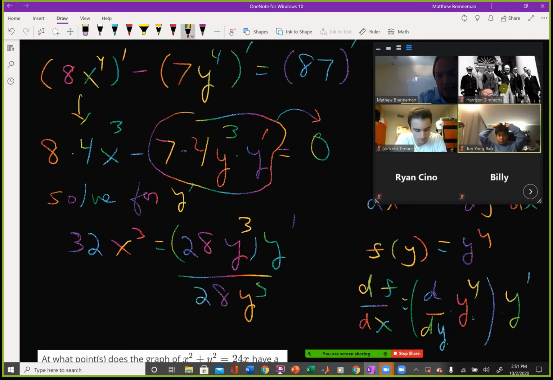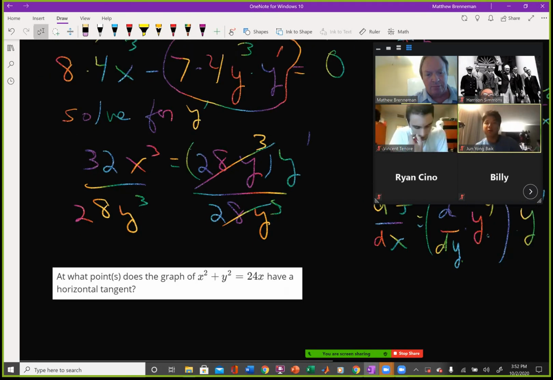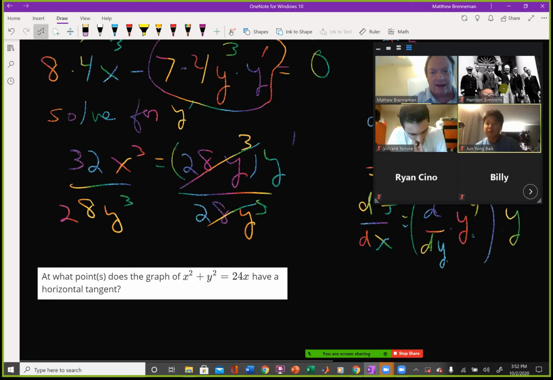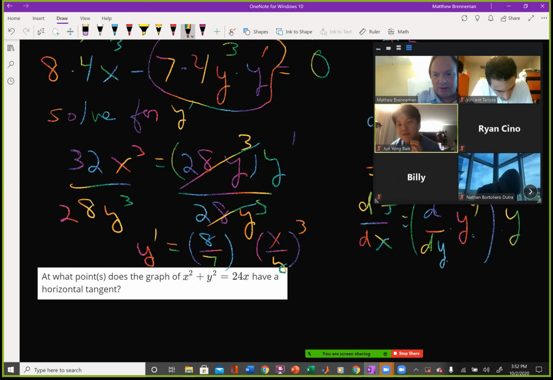It'll cancel on the right-hand side. And when I simplify, I can take out a common factor of 4. I'm going to end up getting y prime is equal to 8 over 7 times x over y cubed. And that's my final answer.